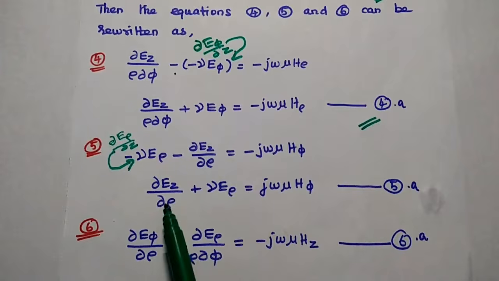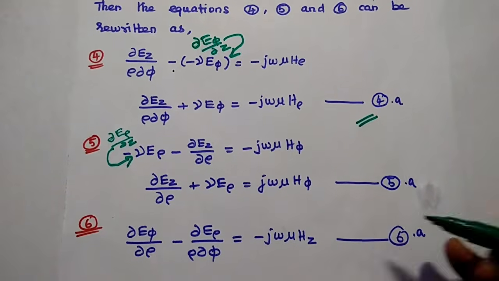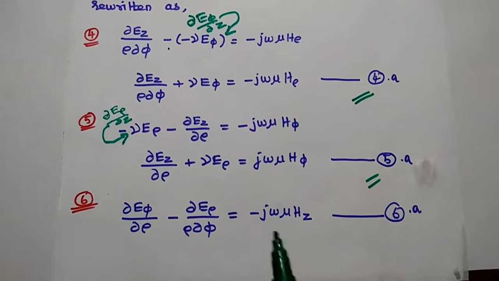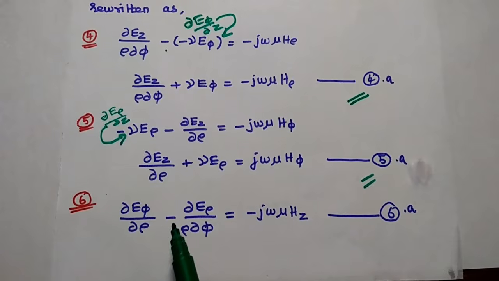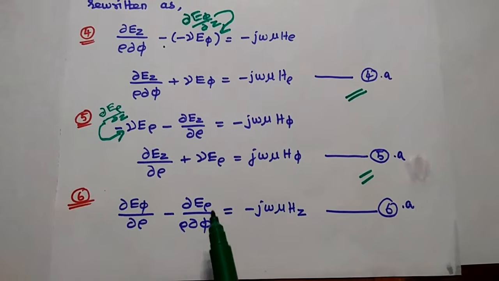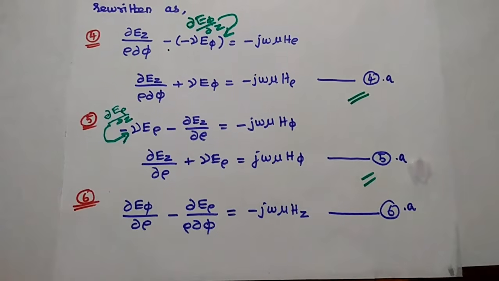So ∂Ez/∂ρ plus γEρ is equal to plus jωμ Hφ. Consider this as the updated fifth equation. For the sixth equation there is no change, because this equation does not have any differentiation with respect to z. So we can keep that as such.